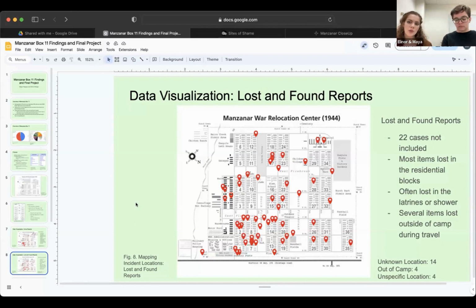In terms of other patterns, we see most of the items lost in residential blocks. As I discussed before, we've got a ton of people crowded into these small spaces, and they're frequently losing items in the showers or the lavatories, which were shared among everyone in the individual blocks. So you can imagine how things would get lost quite easily in those spaces.